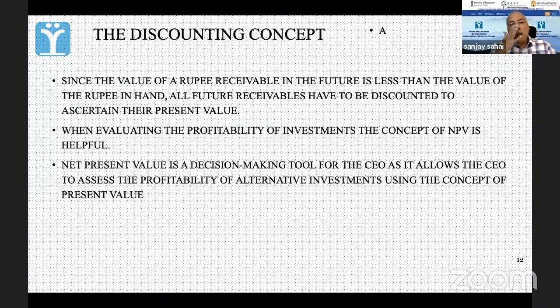So net present value is a decision-making tool for the CEO or MD, as it allows the CEO to assess the profitability of alternative investments using the concept of present value. We'll be looking at this in great detail today.